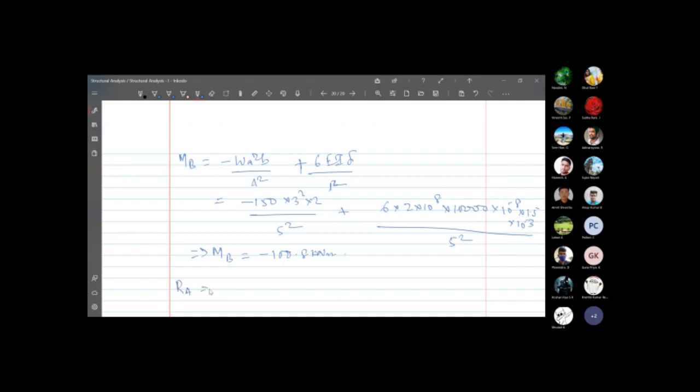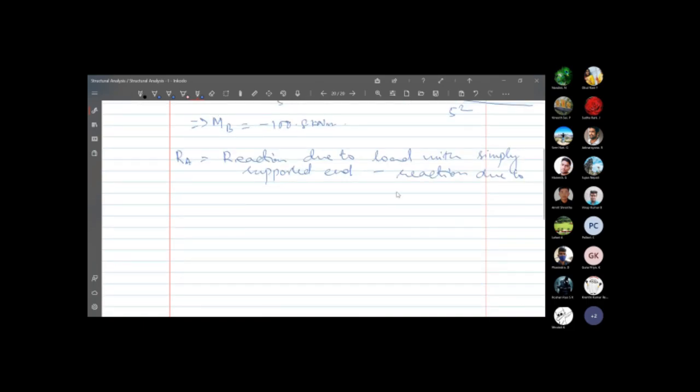Now what is RA? That is the reaction due to load with simply supported end minus the reaction due to end moments.